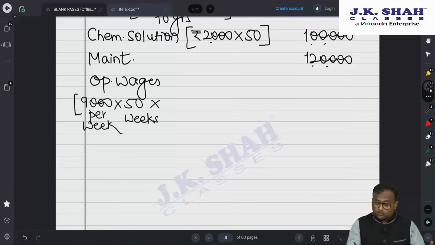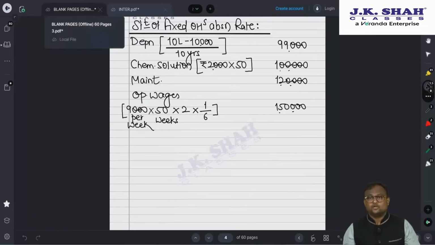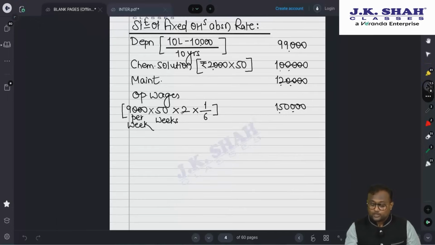This is to be paid to one person, there are 2 operators, so 9 lakhs will be paid. But in 9 lakhs, they are handling 6 machines. Now, this is what generally students do when they don't read the question properly. Please come back to the question and see what they have mentioned.